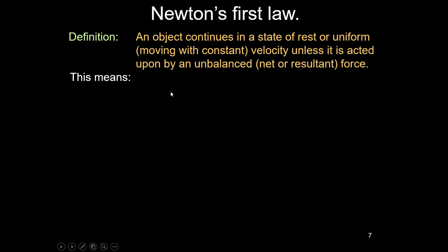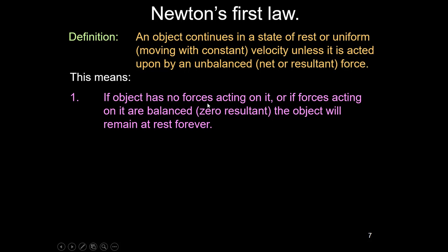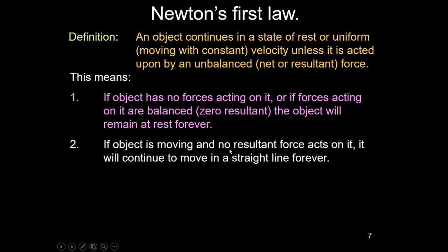Now, what does this definition tell us? It tells us that the object has no forces acting on it, or the forces acting on it are balanced, and the object will remain at rest forever. Or, if the object is moving and no resultant force acts on it, it will continue to move in a straight line forever.